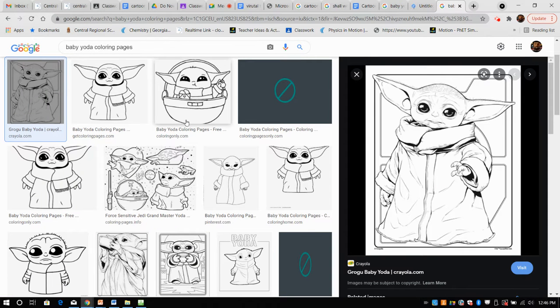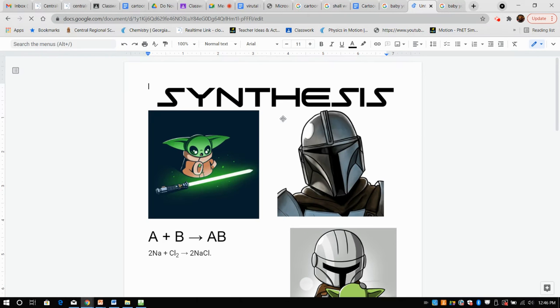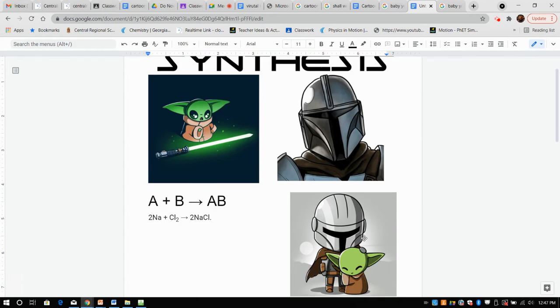Granted, everyone's not the greatest drawer or artist, but let's say my example was that I decided to show a synthesis reaction. So I looked up ideas. My idea was, let me take Baby Yoda by himself, Mandalorian by himself, and then show them together.